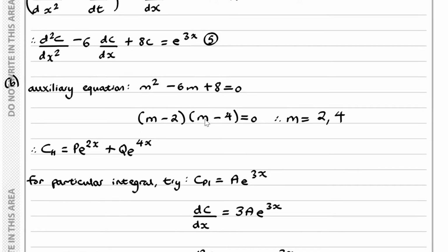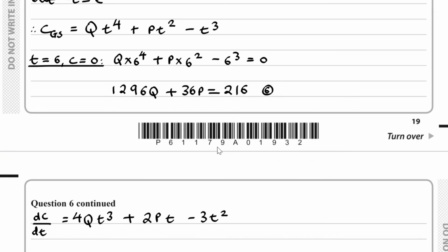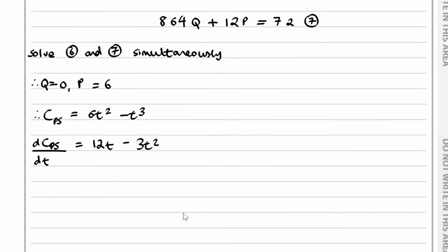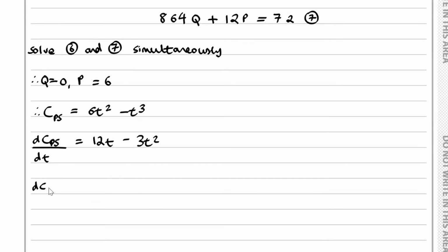maximum concentration is when dc over dt is equal to 0. So dc over dt of the particular solution is equal to 12t minus 3t squared. So we want dc over dt equaling 0.